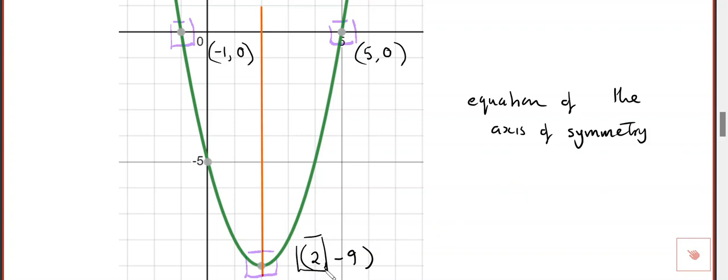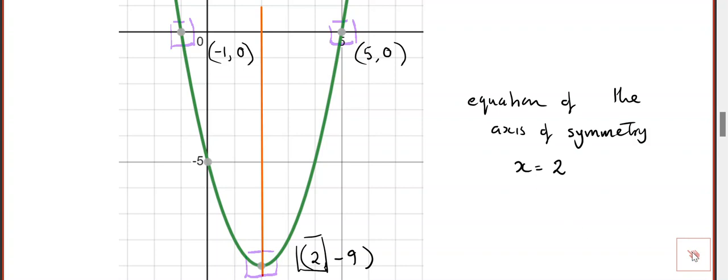I can see that I've got 2, -9 there, so x equals 2 is the equation of the axis. So you're making a link between this coordinate and the axis of symmetry. If you can find the coordinate, you can find the axis of symmetry. But equally, if you can find the axis of symmetry, you can find the coordinate.